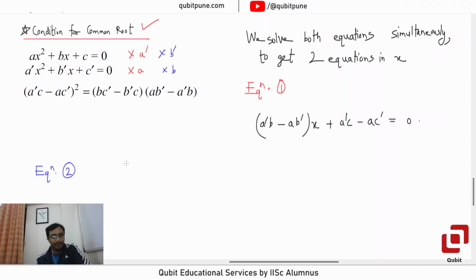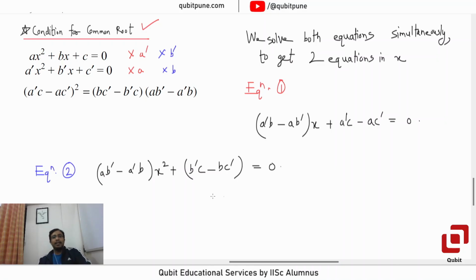So that gives us (ab prime minus a prime b)x squared plus (b prime c minus bc prime) equal to 0.